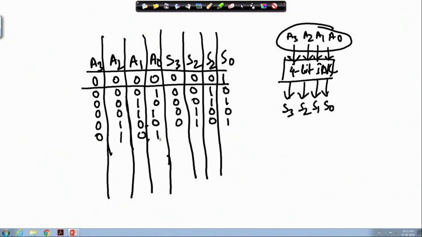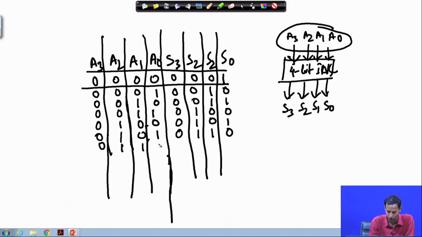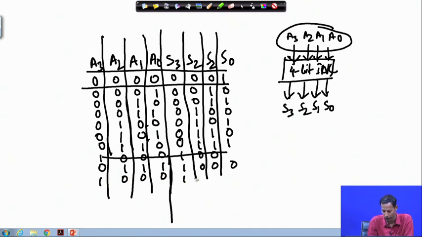In this fashion I have to fill the total table, then 6 gives 7, 7 gives 8, 8 gives 9, something like this.